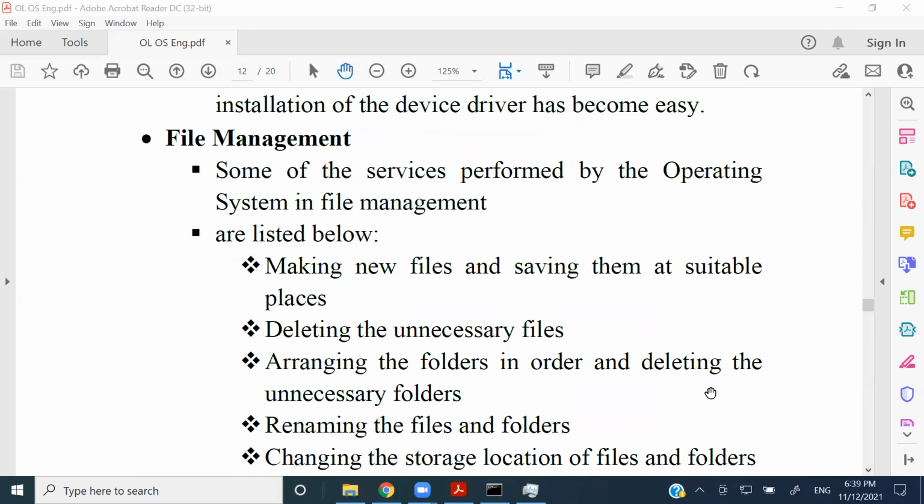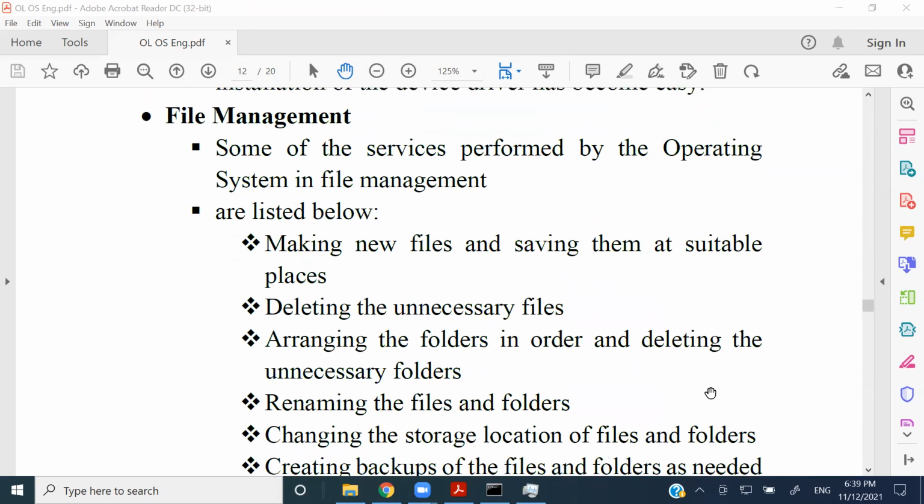Right. Later, we are going to talk about file management. Now, when it comes to file management, if we do not have an operating system, we won't be able to find a component called a folder, right? A folder is something given by the operating system.